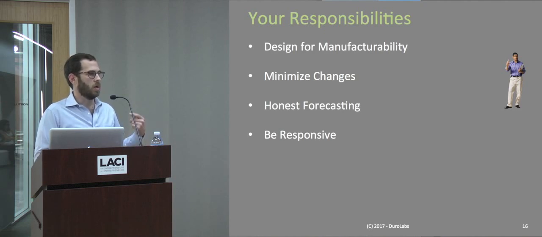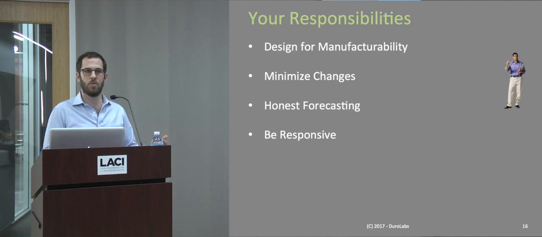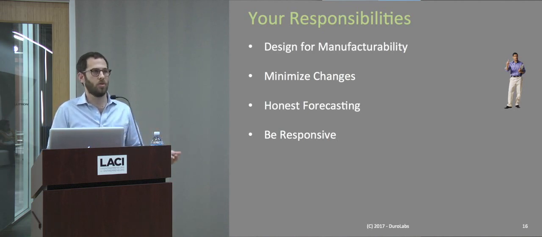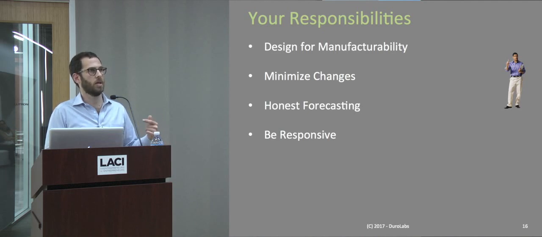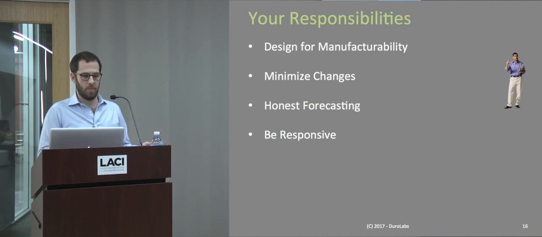They will be able to help you better when the product is stable because it allows them to iterate the process, to improve on the process, to find new ways to assemble or test it faster. They can get better purchasing power, as I mentioned, because you're having repeat orders and they can negotiate better terms with their suppliers. If you keep changing the product, the design, they can't do their job.